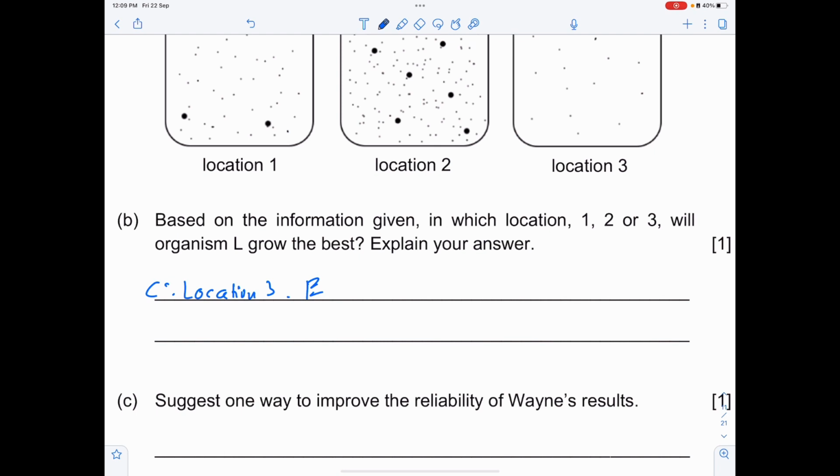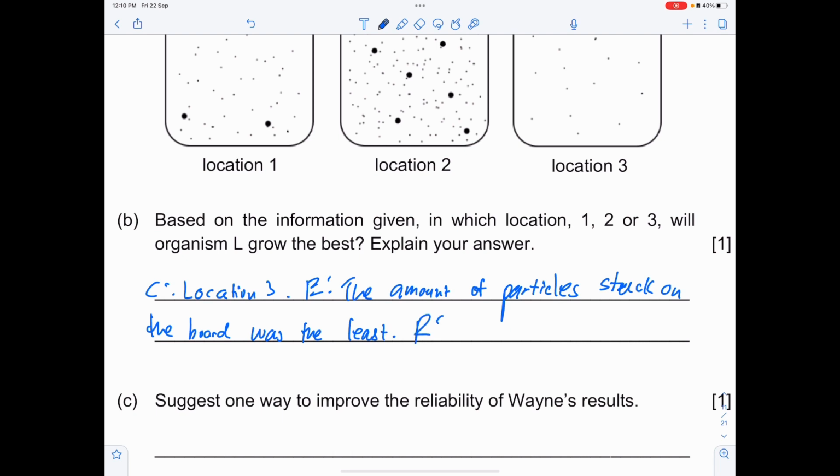E: remember you have to quote exactly what you see: the amount of particles, also known as your pollutants, collected or stuck on the board was the least.